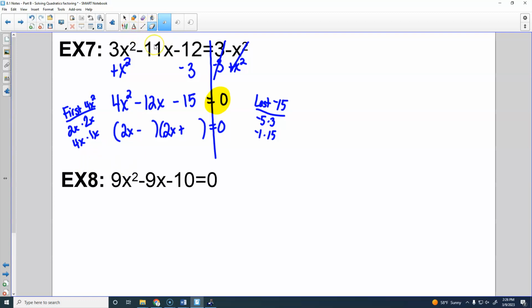No wonder we couldn't figure it out. Make that an 11. We got 11 a minute ago, didn't we? With a 15 and a 1. So we had a 4x and an x and a minus 15 here and a plus 1 here, I think. So let's make that an 11. Sorry about that, guys.